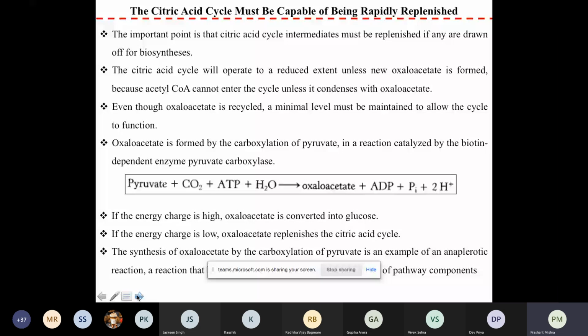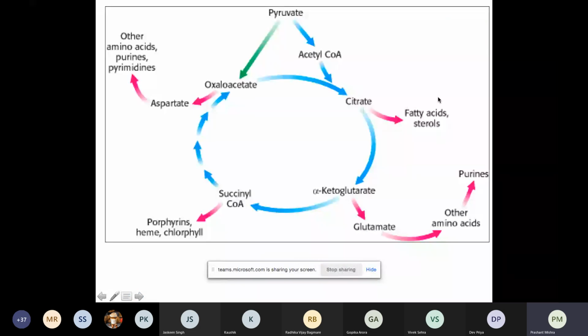What I mean to say here is that if I remove citrate in the form of fatty acid, alpha-ketoglutarate in the form of glutamate and other amino acids or purine, or succinyl-CoA in the form of porphyrin, or aspartate, what will happen? If I remove the intermediates in the form of amino acids, fatty acid, or other intermediates, the cycle cannot replenish oxaloacetate. If it cannot replenish oxaloacetate, then the cycle will not operate.